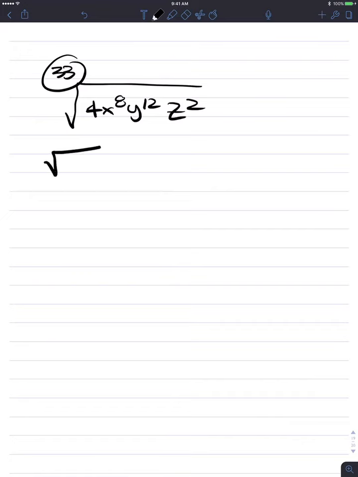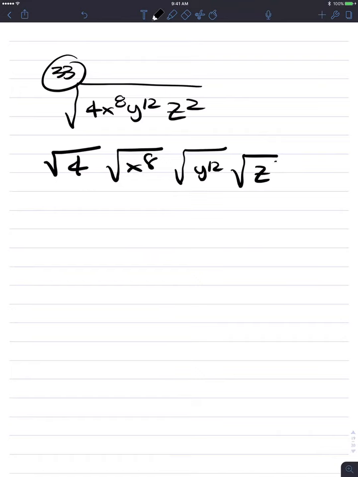So we have the square root of 4 times the square root of x to the 8th, the square root of y to the 12th, times the square root of z squared. All perfect squares. 4, x to the 8th, y to the 12th, z squared. And again, notice the operation here between all of them has to be multiplication.